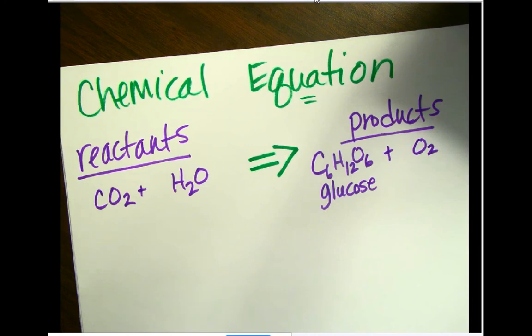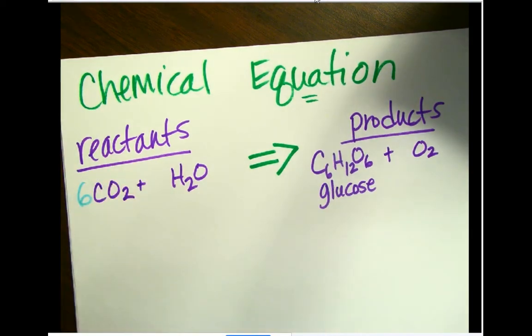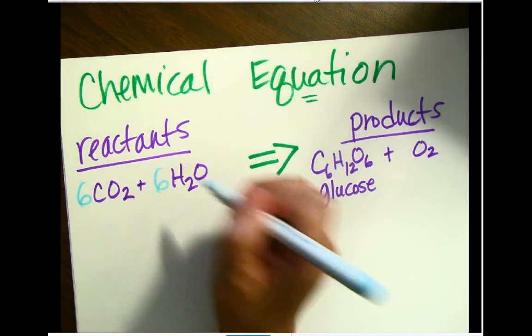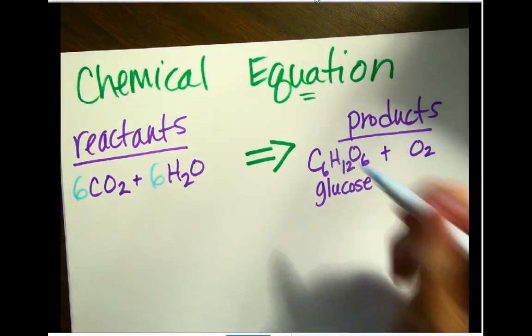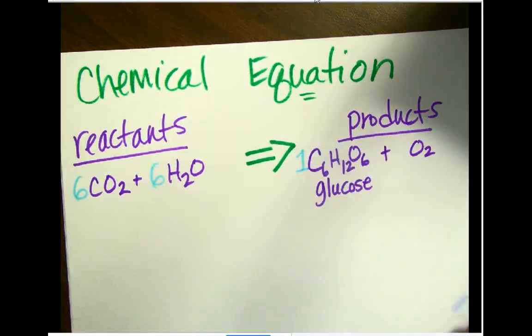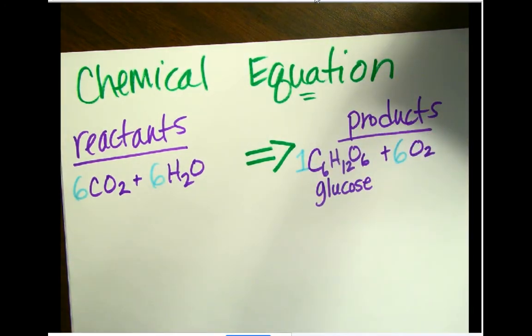Okay, but we forgot about measurements. We have to add measurements. Okay, in order for photosynthesis to happen, we need 6 carbon dioxide molecules and 6 water molecules. And after the transformation, we wind up with 1 glucose molecule and 6 oxygen molecules.